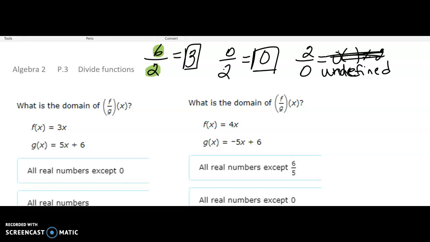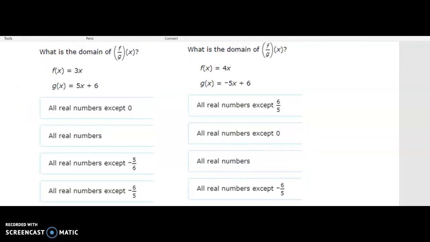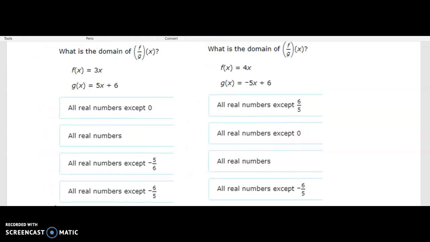Now, the reason that I'm going over that is for what we are doing today. Let's squeeze that in so we can see everything. Okay, so this is pronounced f over g of x, or f divided by g of x. Here's your f, here's your g. So if I put this on top of this, then I have a fraction that has x's on the bottom.